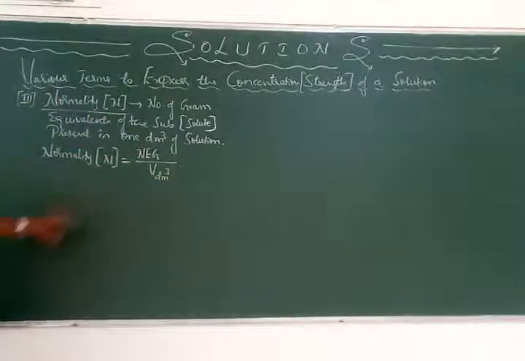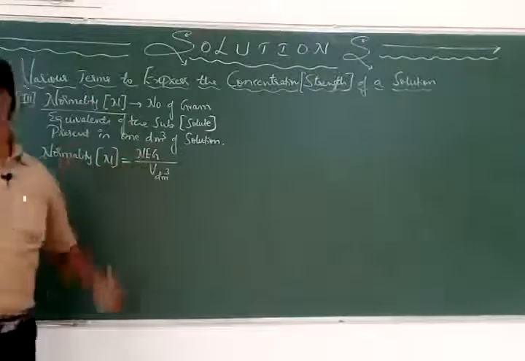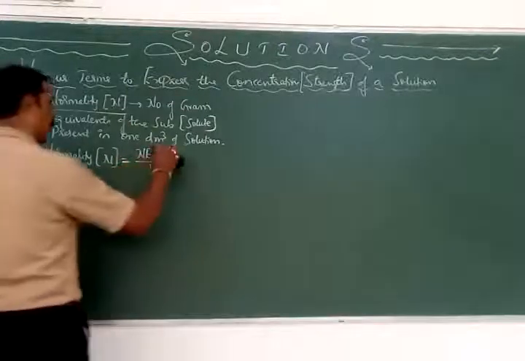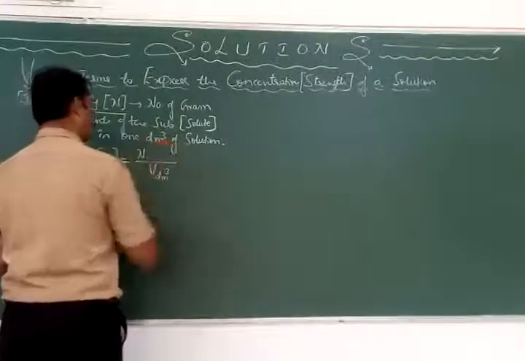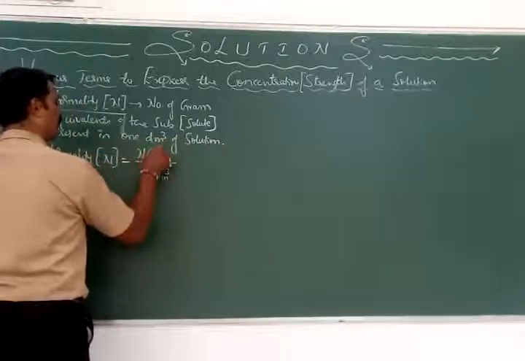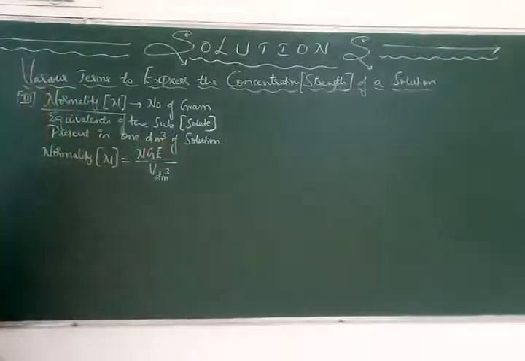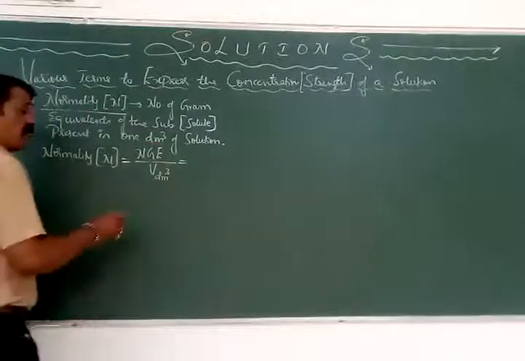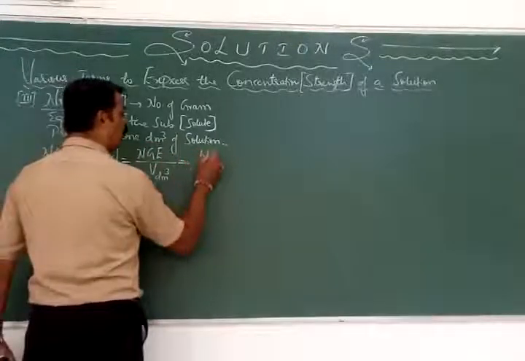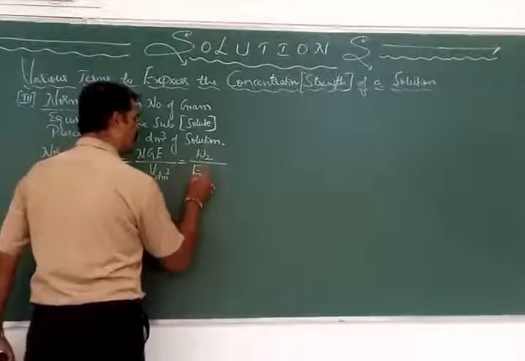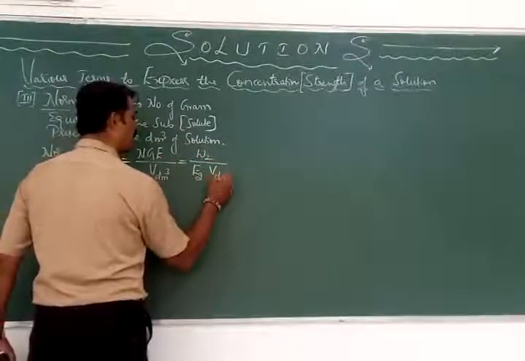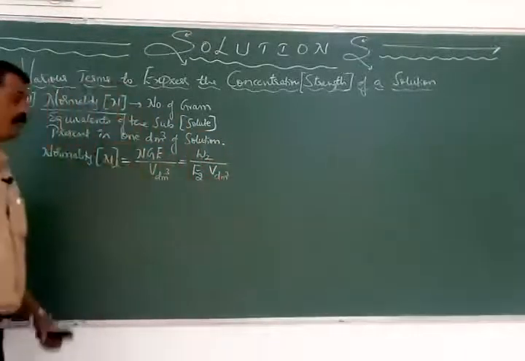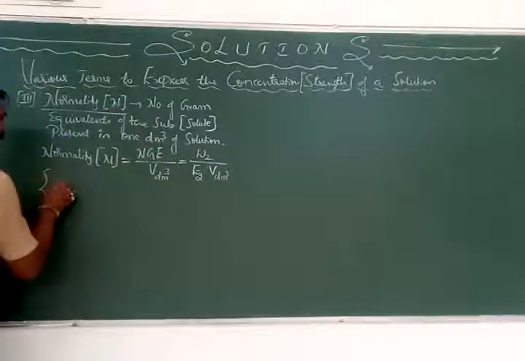What is NGE here? It is the number of gram equivalents. Here, the number of gram equivalents is given by the formula W2 divided by E2 into V expressed in dm cube.